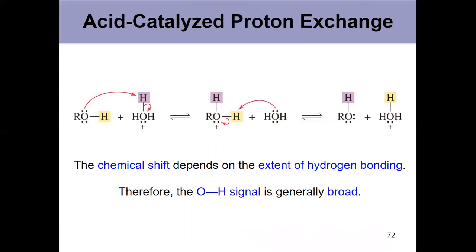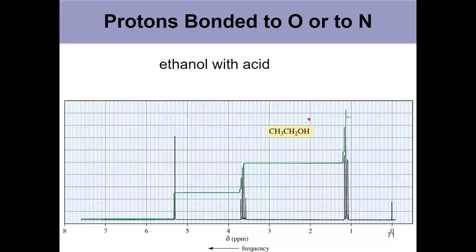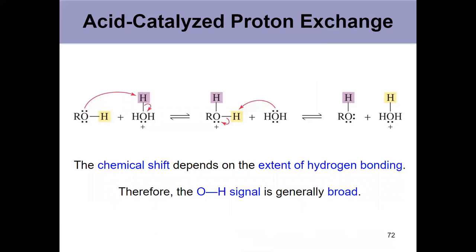And in a pure alcohol, pure ethanol, right, jumping back 2 slides, this is a slow process, and that hydrogen does stay bonded there long enough to split the signal. But when we catalyze it with an acid, it happens much faster. Even trace amounts of acids and bases catalyze that proton exchange process.